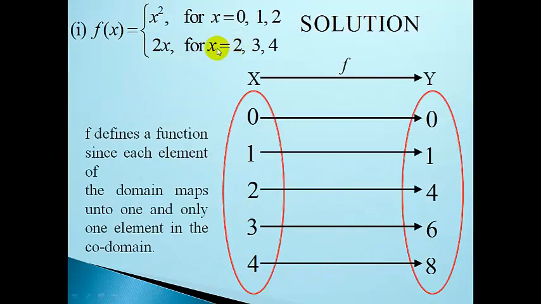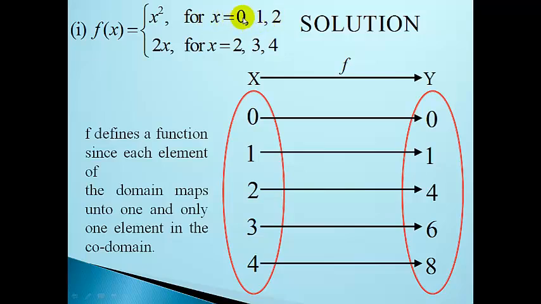Now, let's consider the solution. Considering the function in I, f of x equals x squared for x equals 0, 1, 2, and f of x equals 2x for x equals 2, 3, 4. Now, let's consider f of x equals x squared for x equals 0, 1, 2.